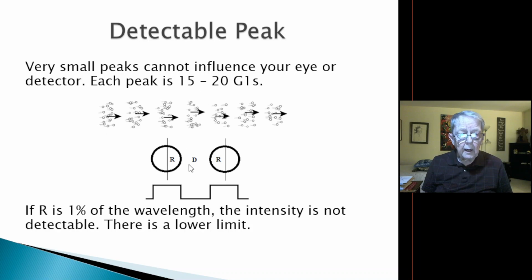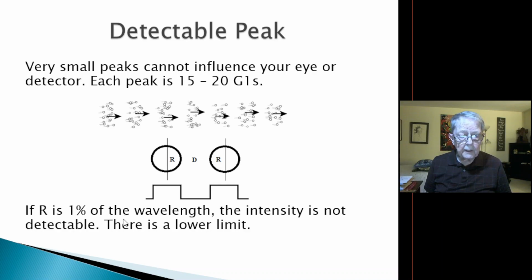So one of the criteria for the wavelength is that there has to be a spacing here. The spacing between this peak and this peak has to be a certain distance. And if R is 1% of this wavelength, I'm just giving an arbitrary limit.